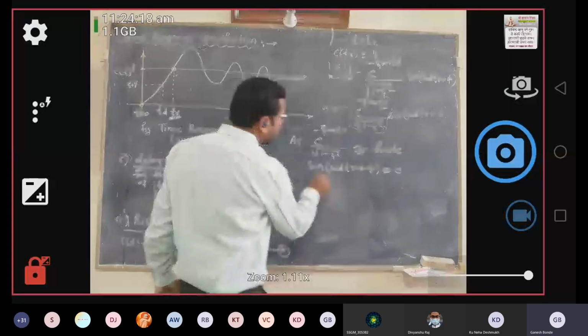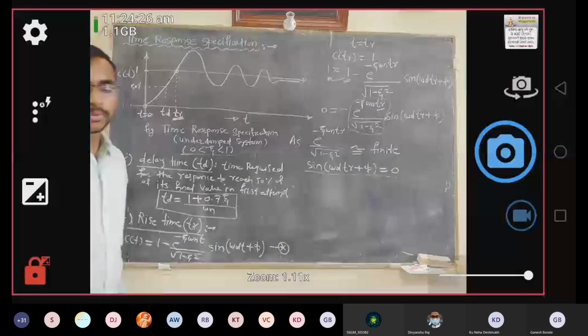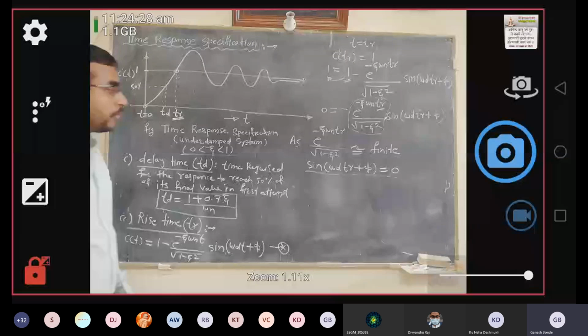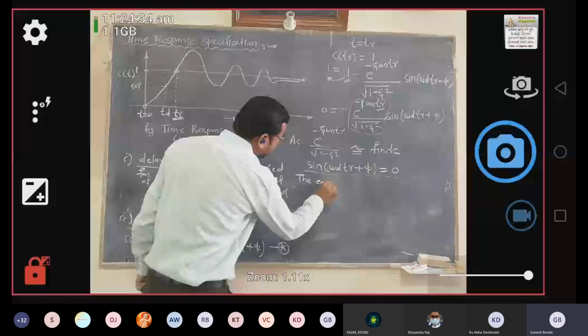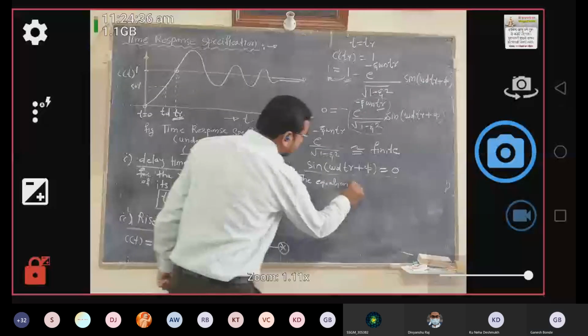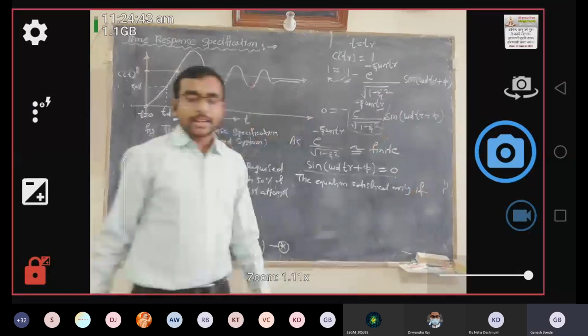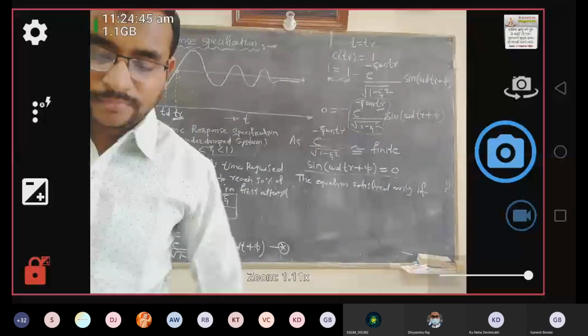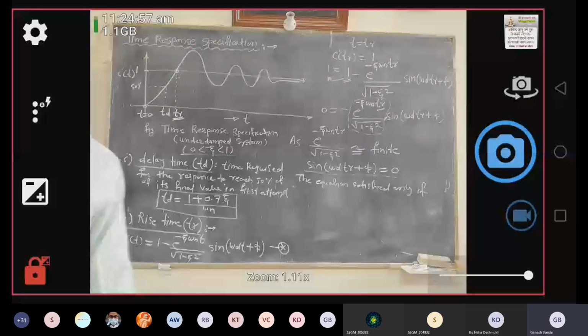When we say that sine of omega d TR plus phi equals 0, this equation gets satisfied only if, tell me the condition, when this term is equal to 0. Remember your trigonometric formula.